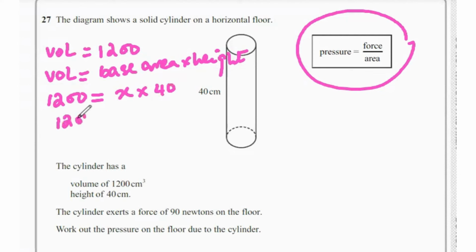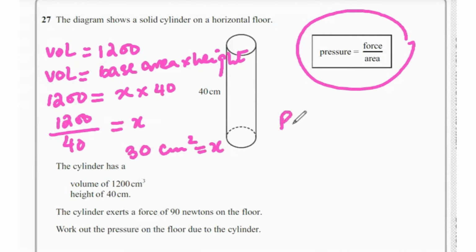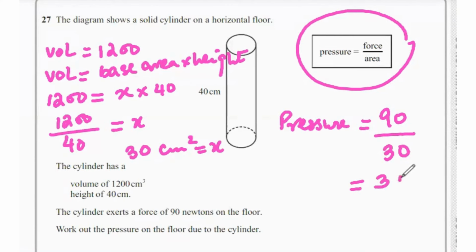So 1200 divided by 40 equals X, and that's going to give us 30 centimeters square as our area. So pressure is going to be force, which is 90 newtons, divided by the area, which is 30. So 3 newton per centimeter square is our pressure applied on the floor due to the cylinder.